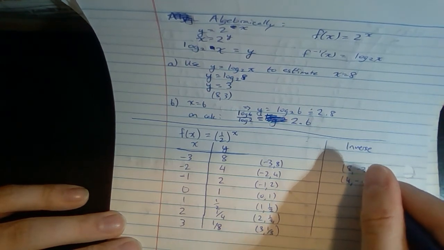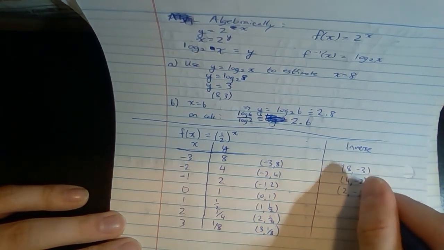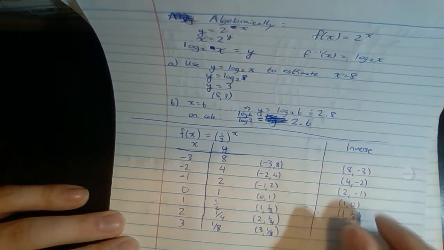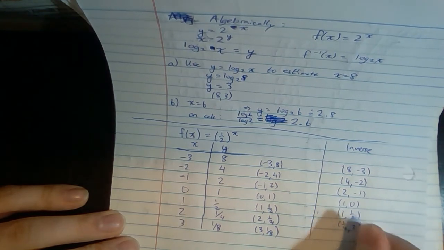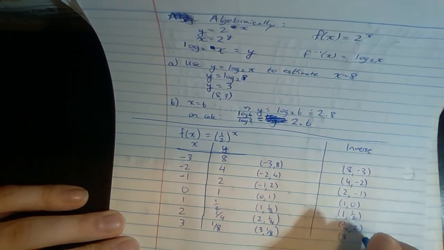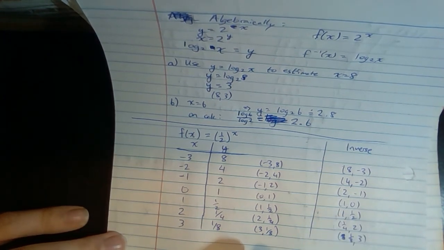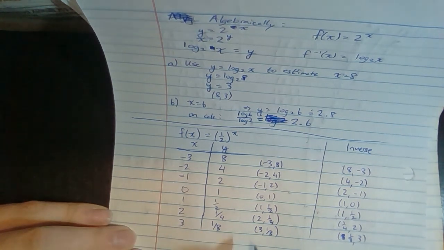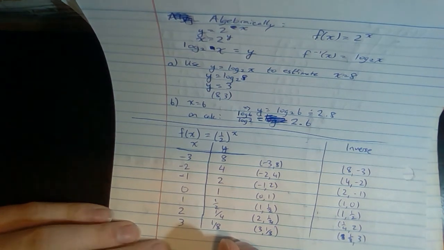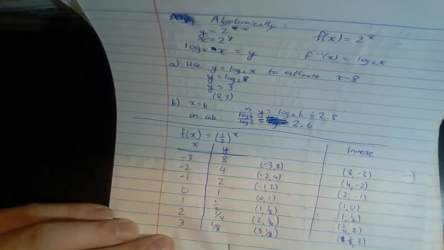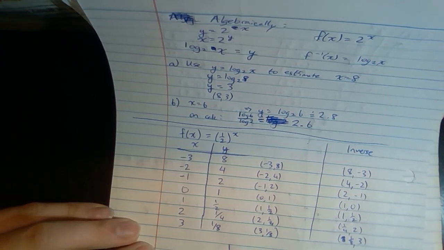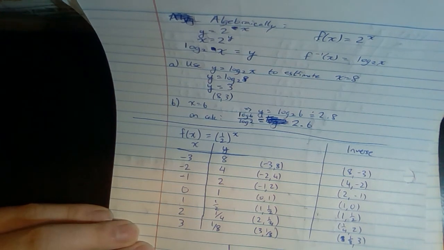So -2, 4 becomes 4, -2, and so on. 8, -3. So I don't have quite enough room to go by ones. So let's go by twos.